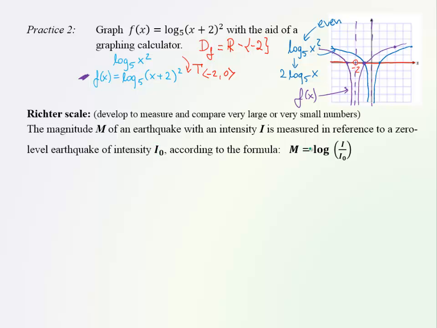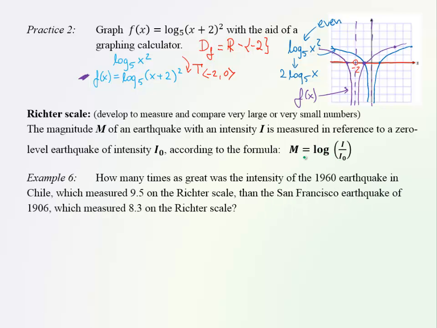By using this formula, the magnitude is log of the quotient I over I0. So even if I over I0 is very large, when we take log of it, it may not be so large, and it's easier to handle.